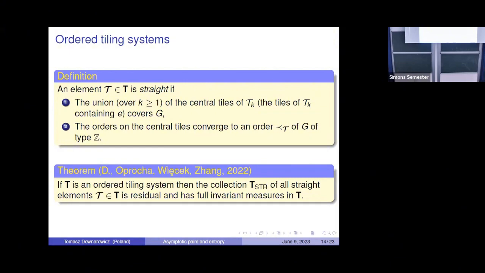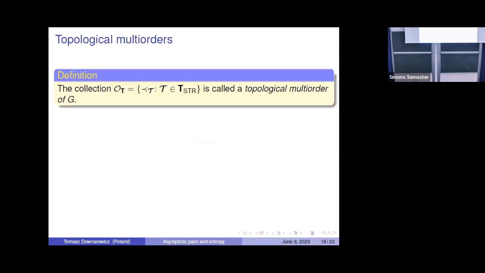So this is really a huge subset. And we look at the collection of all orders Pretz sub tau, as tau belongs to this family of straight elements, and we call it topological multi-order. Why topological? Because it arises from the topological system, which is the tiling system. The tiling system is a genuine topological system, and this is almost everything in there.